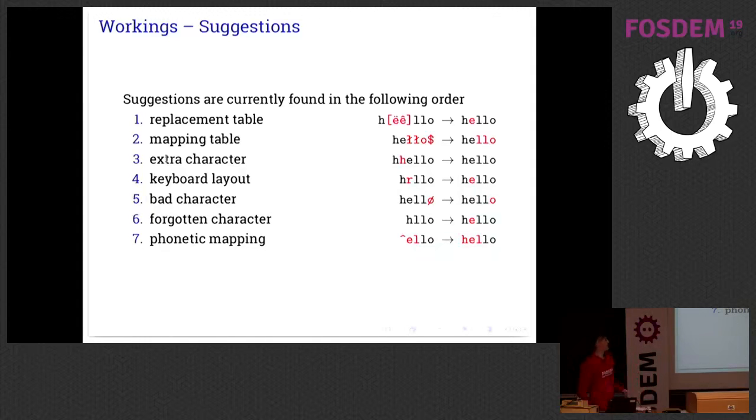Characters typed extra, keyboard mishaps because of fat fingers, characters which are really not in the language at all. Then we also check for forgotten characters, and we do some phonetic mapping. Suppose your mother tongue is another language and you think you write it like that, we can also detect these kinds of errors. And this is how the spelling suggestions are cooked up and then presented to you.